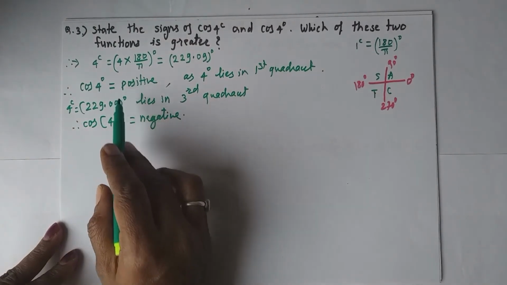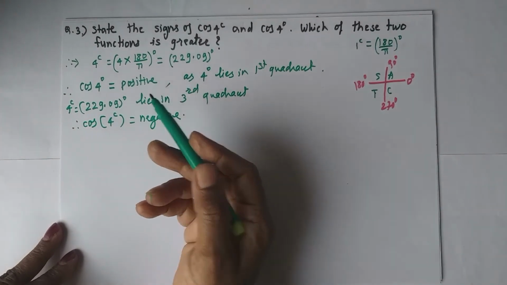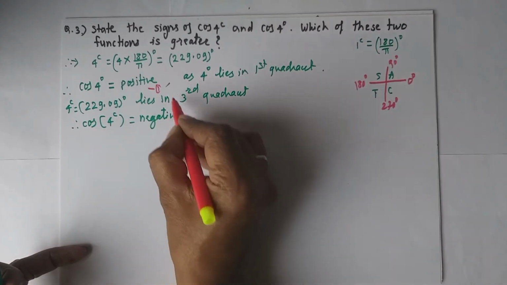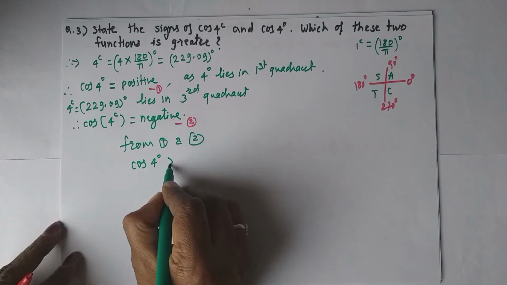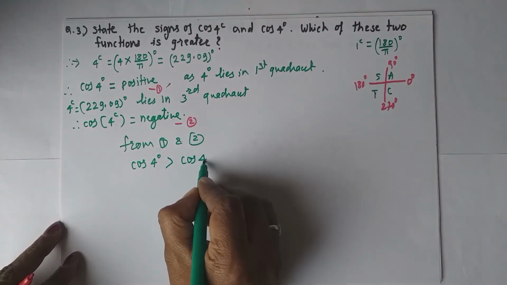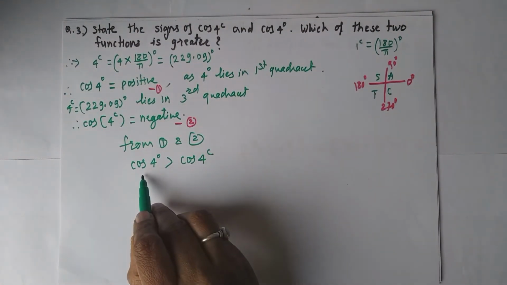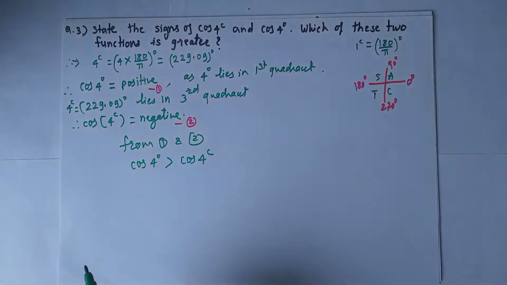Now this value is positive and this value is negative. Which will be greater? The positive value will obviously be greater. This will be 1 and this will be your 2. You write down from 1 and 2: cos 4 degree is greater than cos 4 radians. Okay. Cos 4 degree will be greater than cos 4 radians because this is positive and this is negative. Okay students.